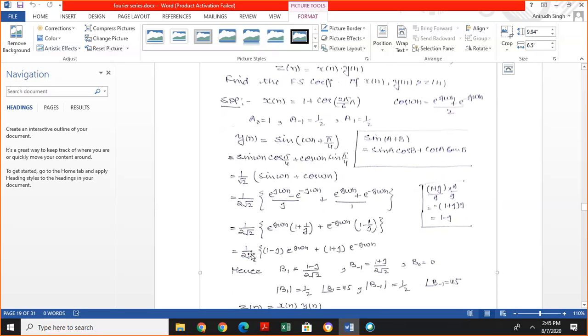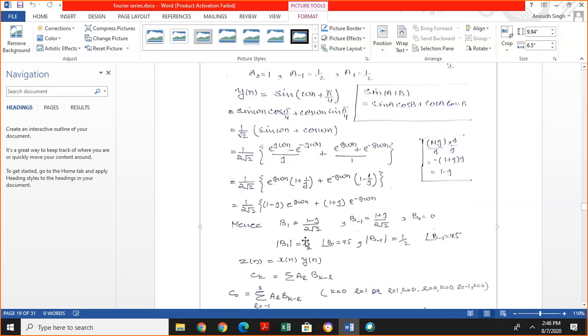So this is the b1 coefficient, and b minus 1 is 1 plus j divided by 2 under root 2, and b naught is 0 because there is no constant term in this. So you can easily calculate the Fourier coefficients of x of n and y of n.